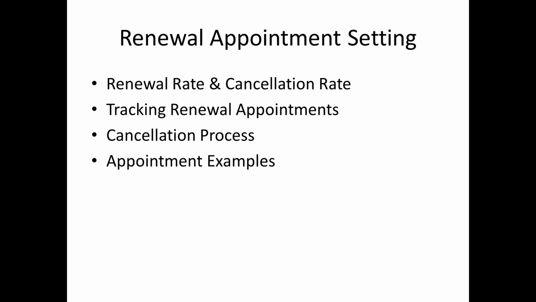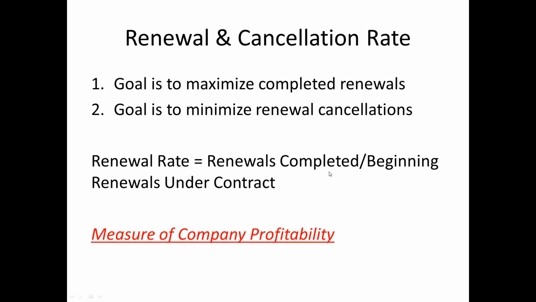And with this, probably the best way to explain a lot of this is just doing some examples. So we've got some accounts set up in our test system, and I'm going to do some mock transactions. So here we go. Moving on here to the renewal and cancellation rate.